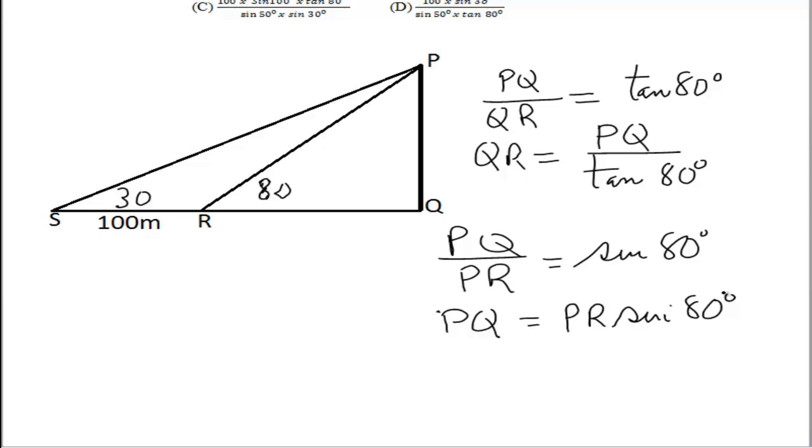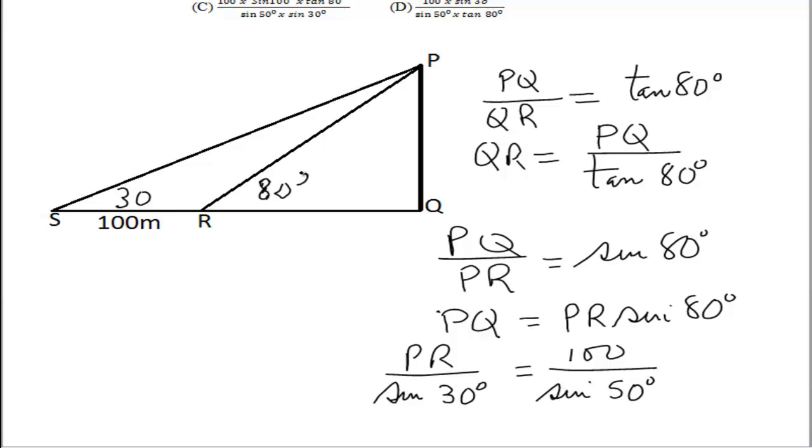Now PR is in that triangle, so if you use the sine rule there, PR over sine of 30 degrees is equal to 100 over sine of 50 degrees.